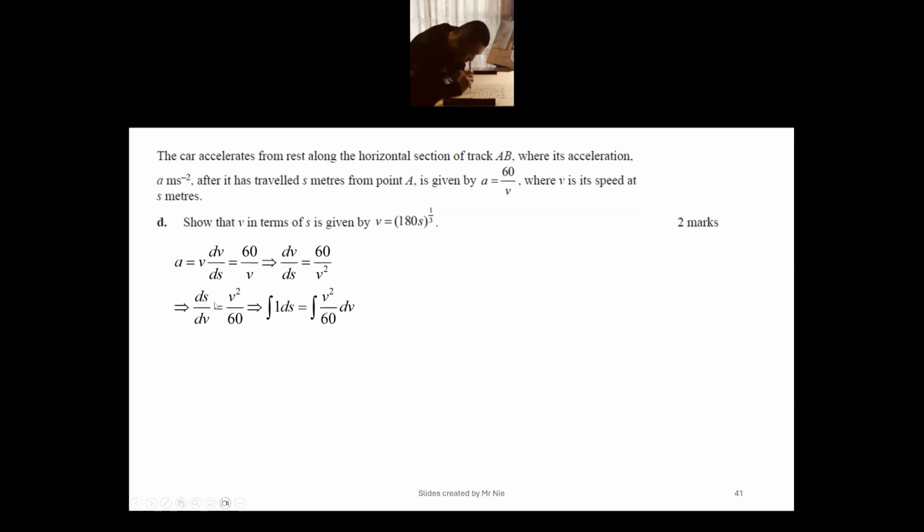Then you can separate the variables or flip it over and integrate both sides. Here I demonstrate a different approach, like changing a variable here, applying the boundary conditions, and then you will be able to get s equals w to the power 3 divided by 180, evaluated between 0 to v.